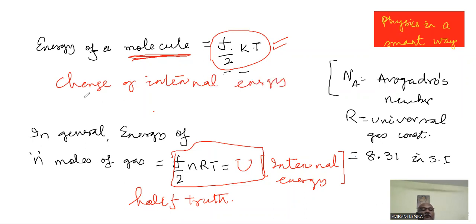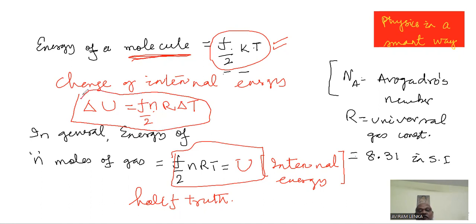So the symbol will be delta U. The temperature changes by delta T, so that is n into degree of freedom by 2 into R into delta T. Physicists claim this equation is more logical compared to the equation U equal to degree of freedom by 2 into nRT.